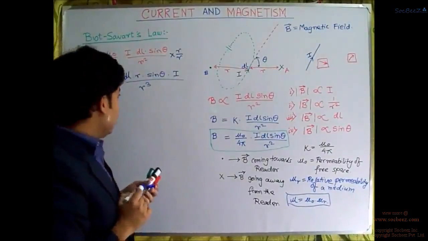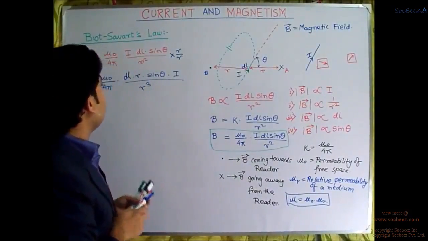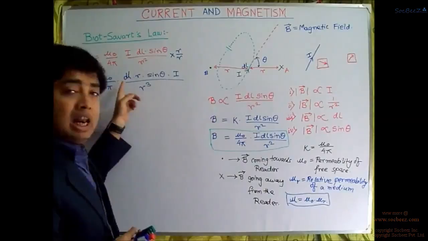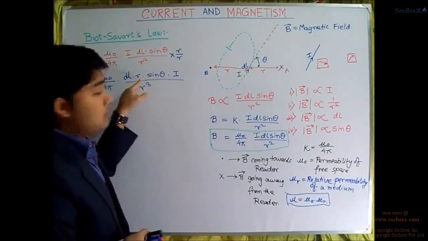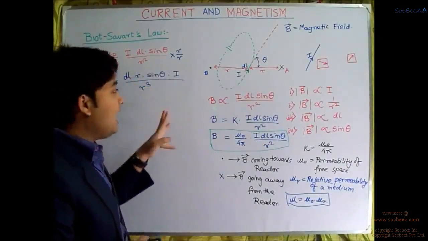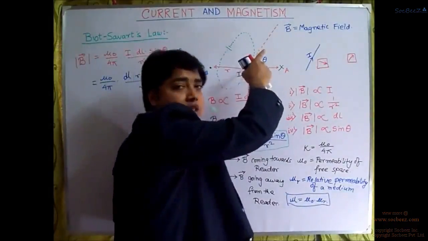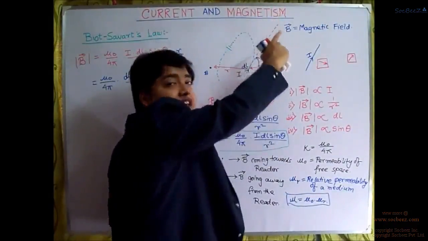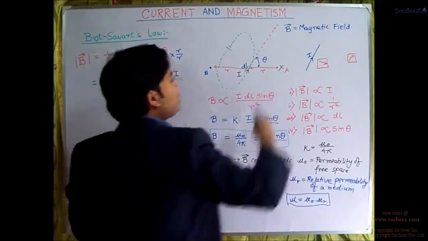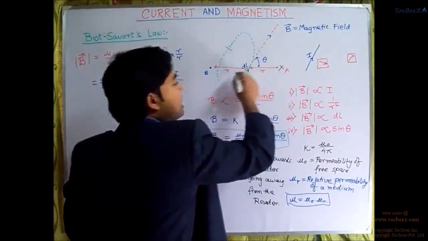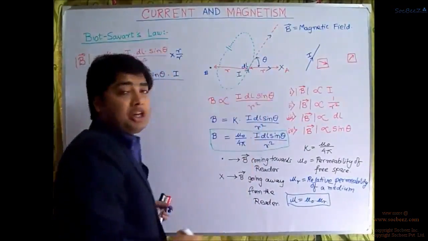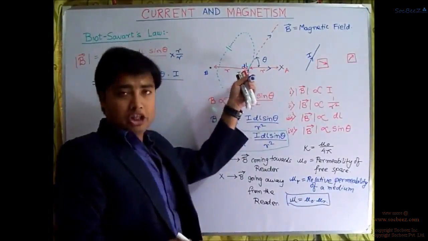Observe that we can write it as dl cross r. The direction of dl was in this direction, and the direction of r was in this direction, because this is the point of origin.